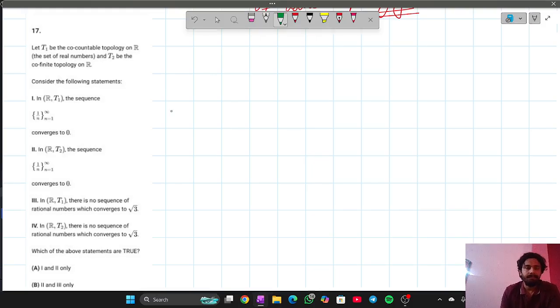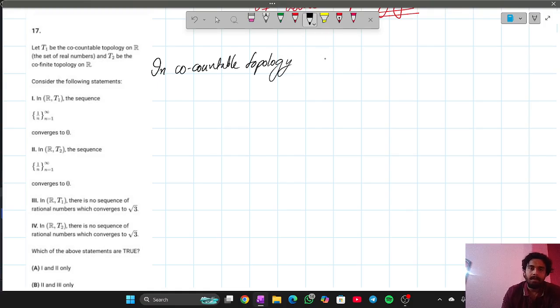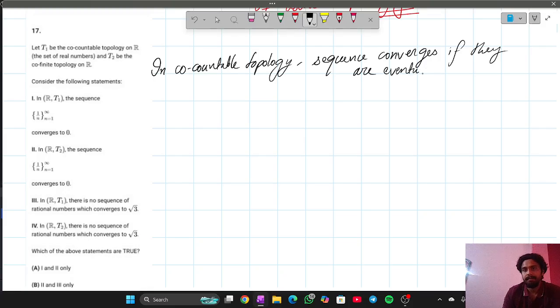Okay, now let me tell you one thing, that in co-countable topology, a sequence converges if it is eventually constant.